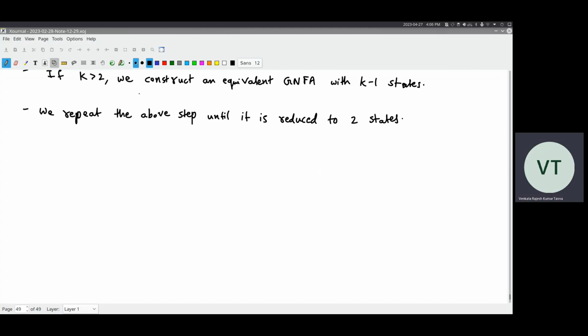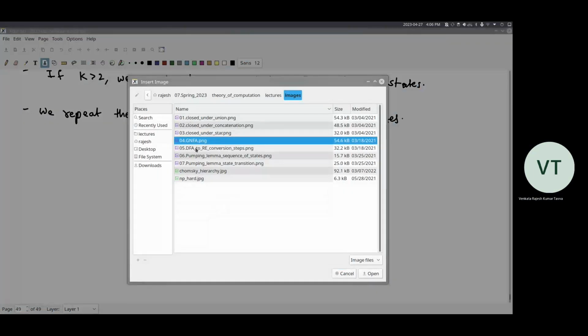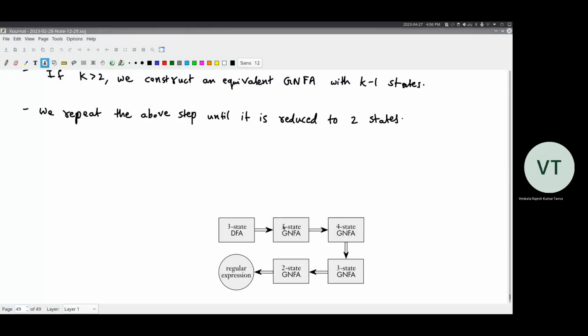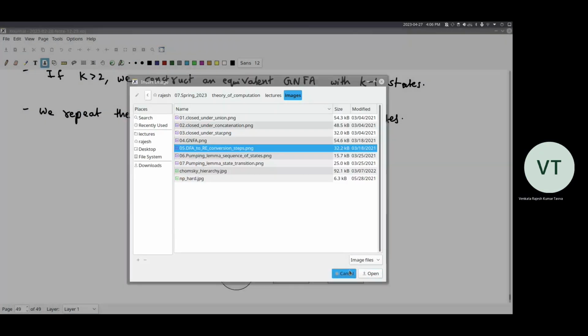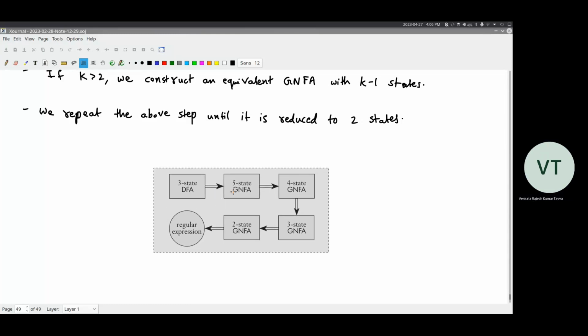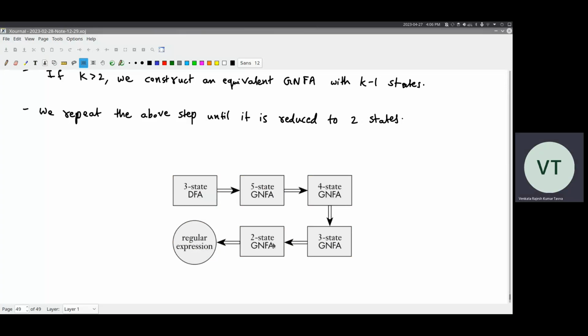So let me depict it as a diagram. This is an example.